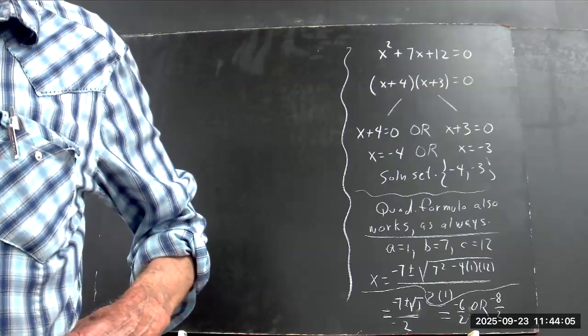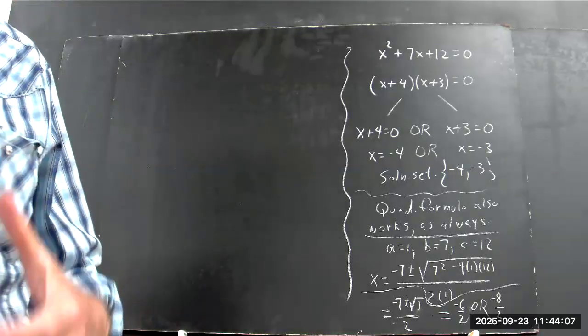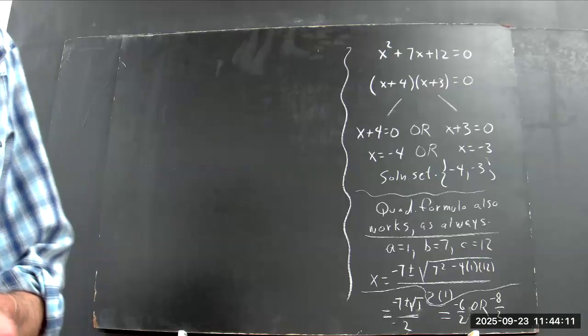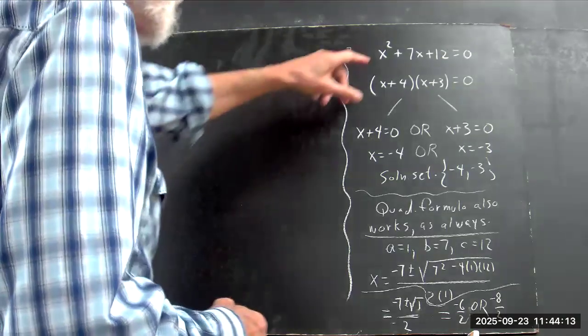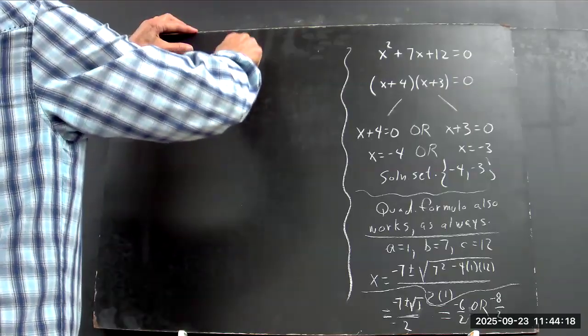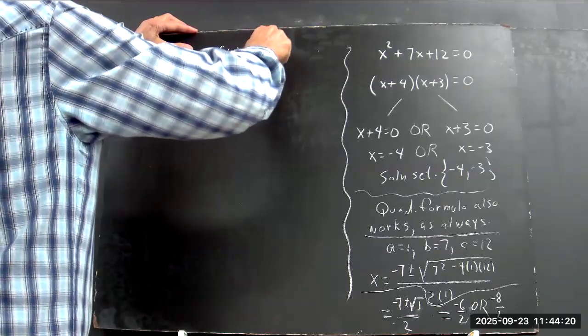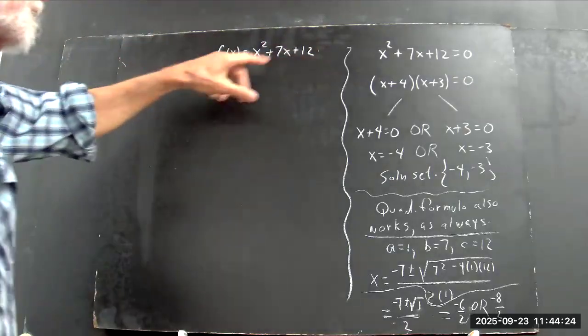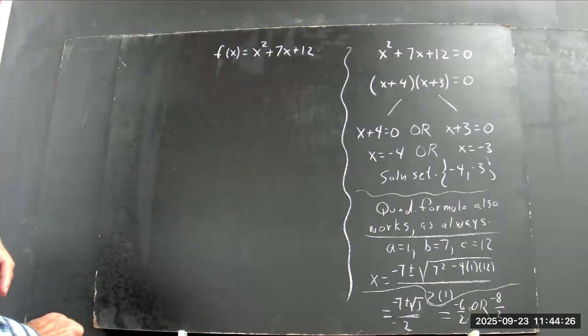But this is an application of transformations to quadratic functions. Okay? Let's just take this function. Let's say f of x is x squared plus 7x plus 12.